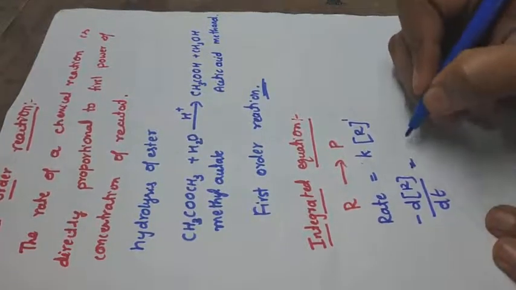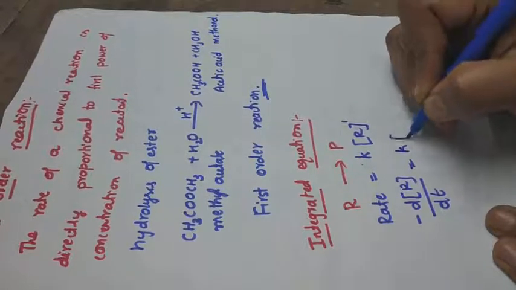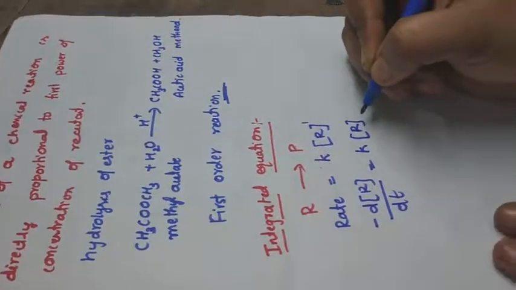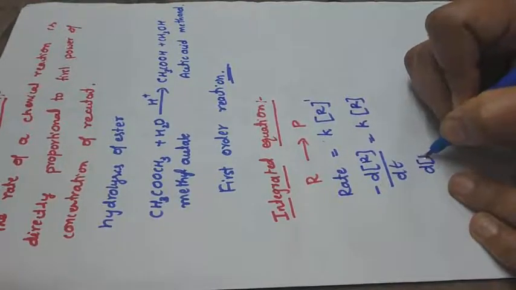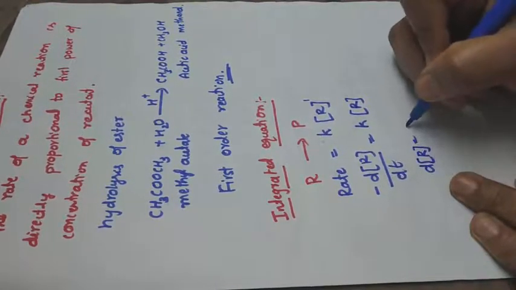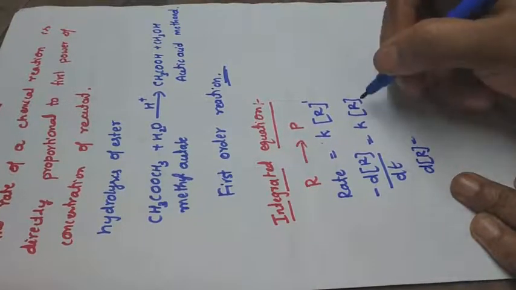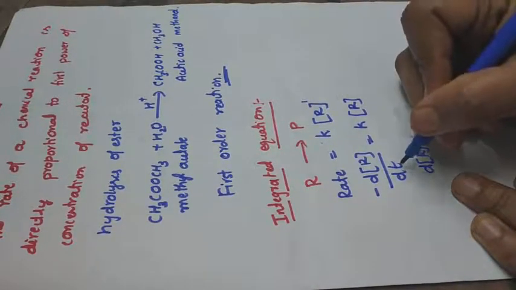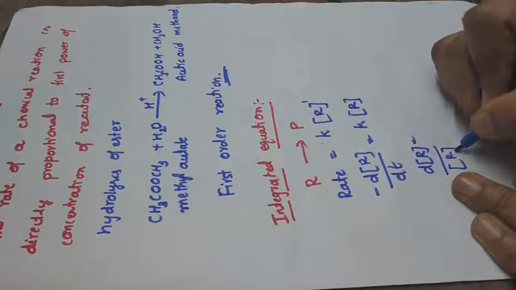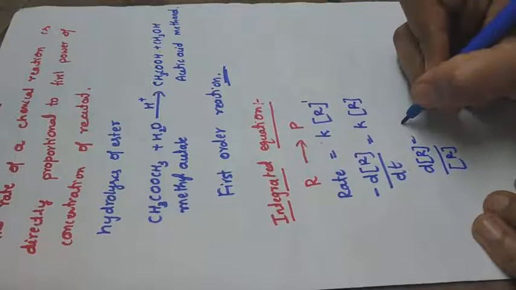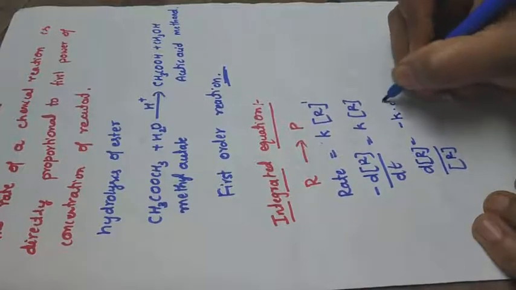Okay, so that is equal to k into R. So if we rearrange this, take R to the left side, dt to the right side, dR divided by R is equal to minus k into dt.